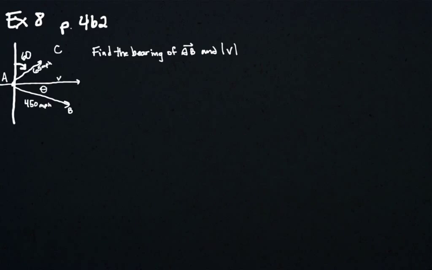The wind vector and the plane vector. The resultant vector is the vector that you see right there. Now my picture's not drawn to scale, but the plane changes its angle so that its final trajectory actually is due east.